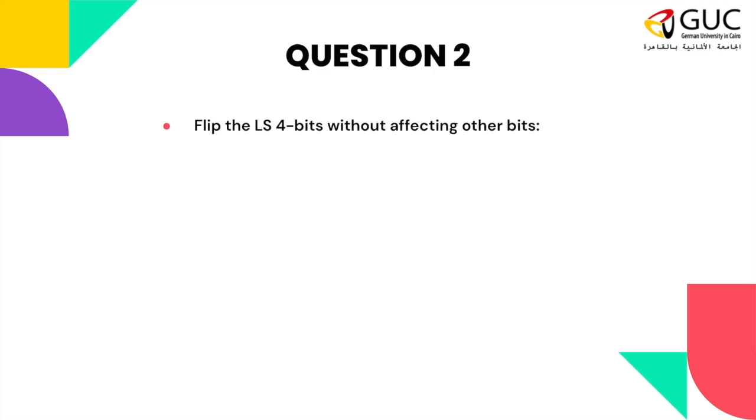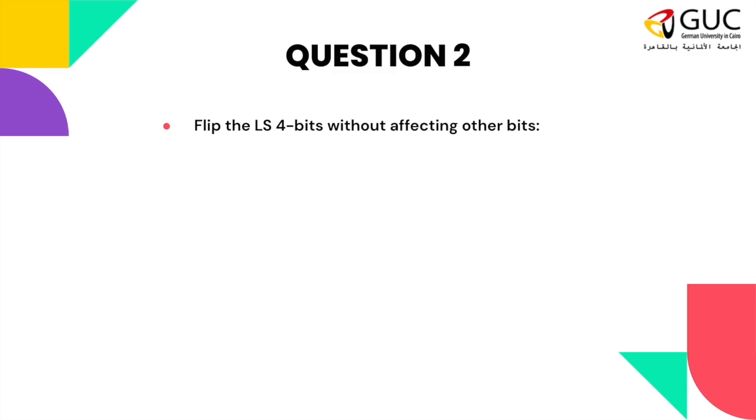Flip the least significant 4 bits without affecting the other bits. So actually, if I want to clear, I use an AND mask. If I want to set, I use an OR mask. If I want to flip, which type of mask should I use? I will be using the XOR mask.